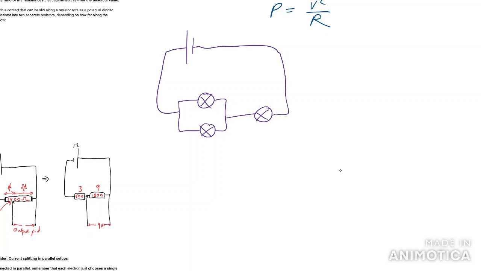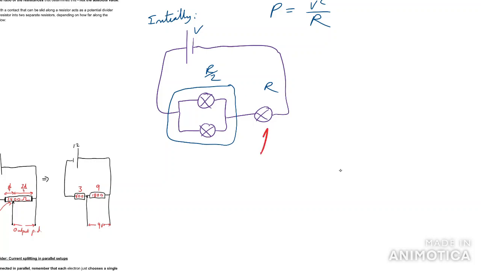So initially, what have we got? The battery is voltage V, and if each lamp has resistance R, what can we say? This whole little block is resistance R over 2 using the parallel setup, and this one is resistance R. Using the potential divider idea, how much voltage does each one get?